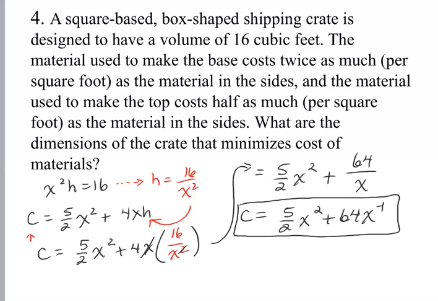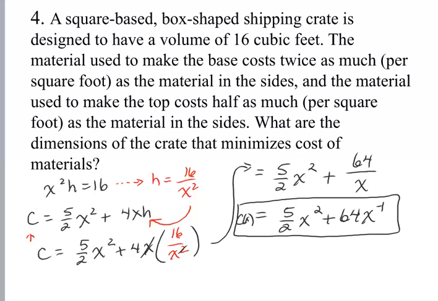And I could do a little bit more here. I know that this is now a function of only one variable, x, so I could write it as C of x, just to specify that. I have a cost equation that is a function of only one variable.